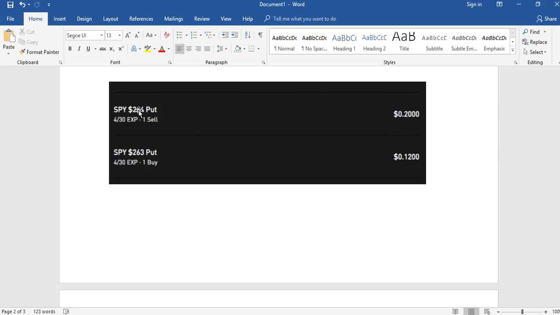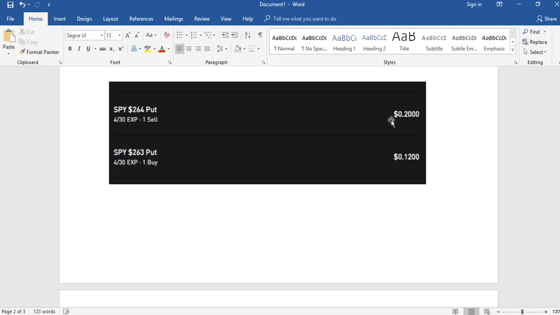Well, you can see the two different strike prices here, the 264 and the 263. They sold the 264 strike and collected 20 cents, and then they bought the 263 for 12 cents. The fact that you're receiving more money for the sell leg than what you're paying for the buy leg means you will receive a credit. So I would know that this is a credit put spread.